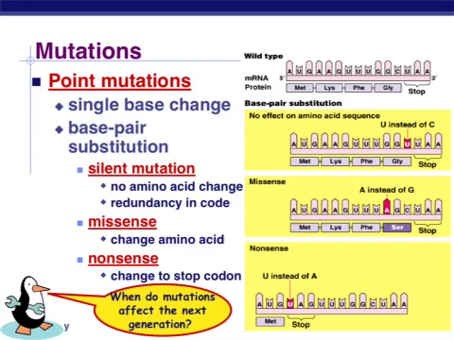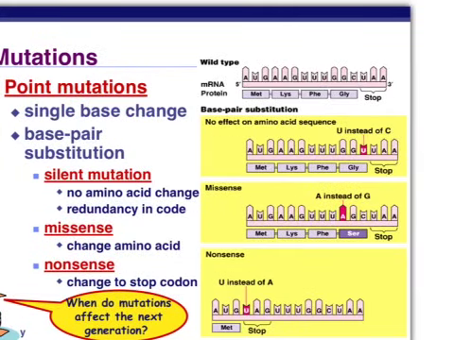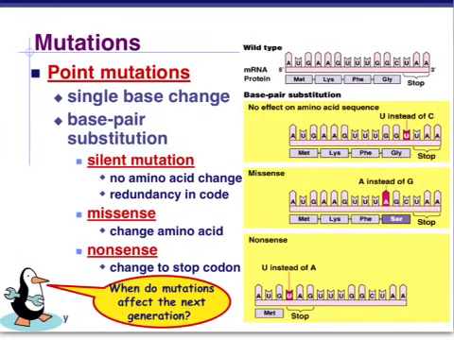There is no change in the amino acid, which means that there's not going to be a change to the polypeptide, at least an effective change to the polypeptide, which means that there won't be an effective change when it comes to structure and thereby function. And again, it's the effect of the redundancy in our amino acid code.